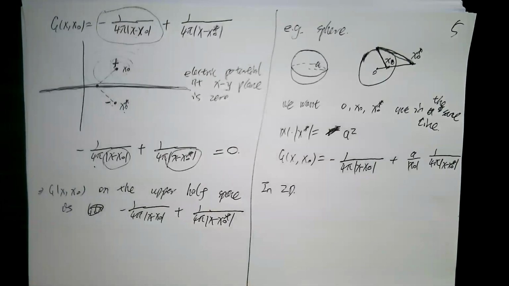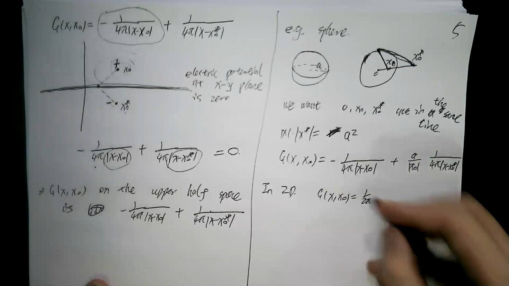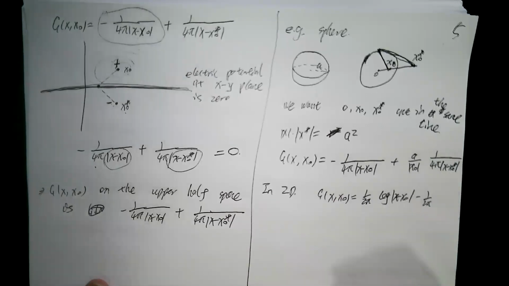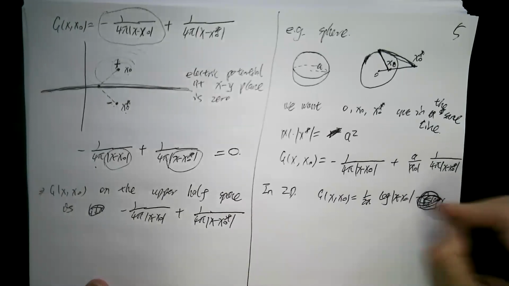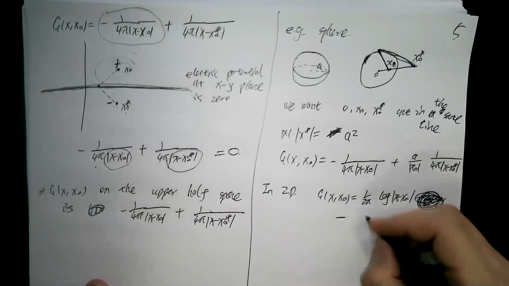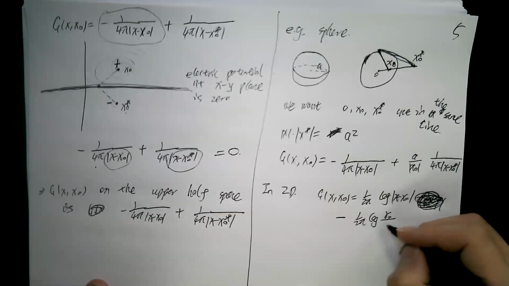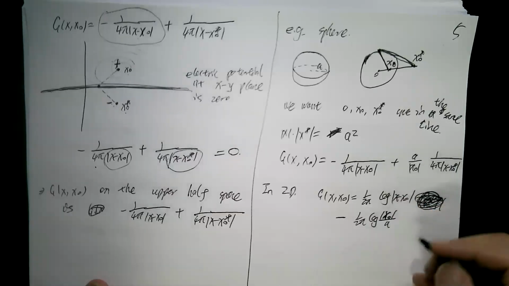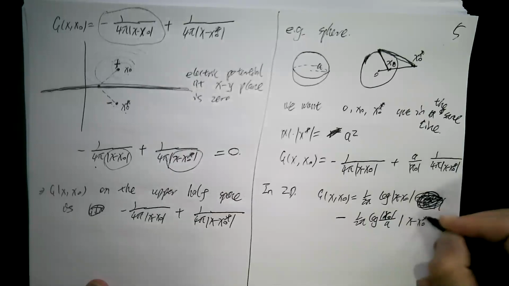For a 2D disk, we will have similarly G(x, x0) equal to 1 over 2 pi, instead of 4 pi it's 2 pi, log |x minus x0|, minus 1 over 2 pi log of |x0| over a times |x minus x0 star|.